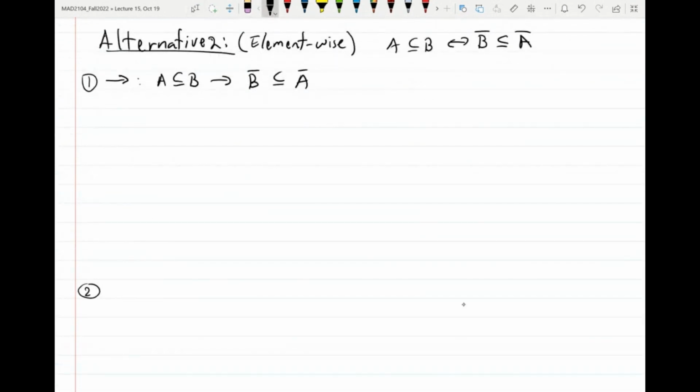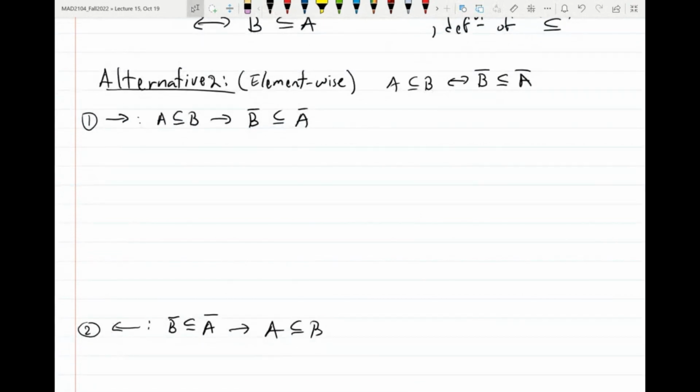And second, we need to prove the other implication, that if B complement is a subset of A complement, then A would be a subset of B. So you will need to write two blocks of proof, one for the first implication, another one for the second implication. Remember, if and only if is really a conjunction of two implications, the regular conditional and its converse. You have to show both.